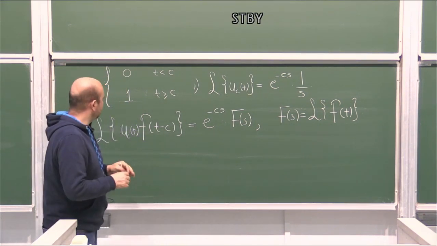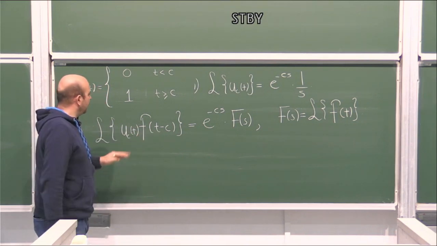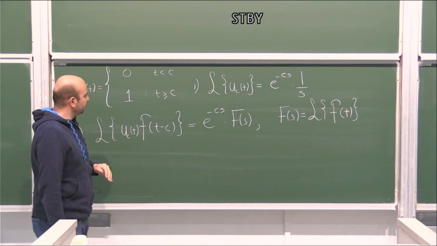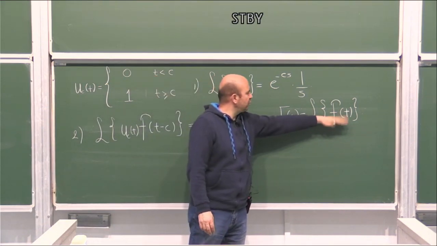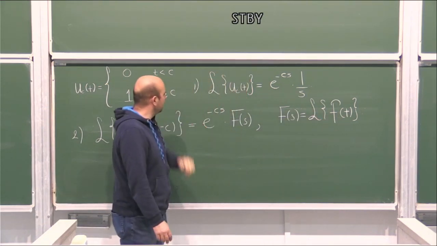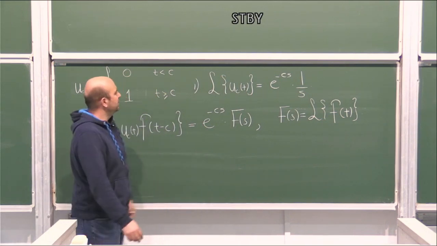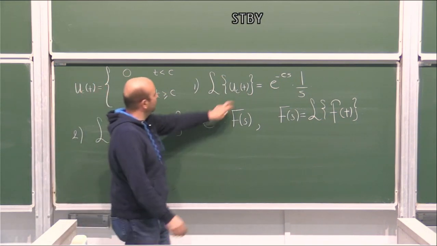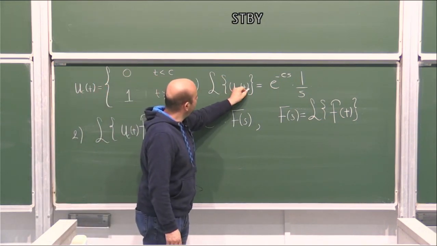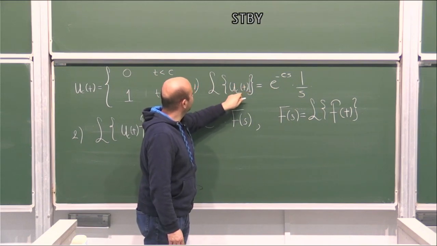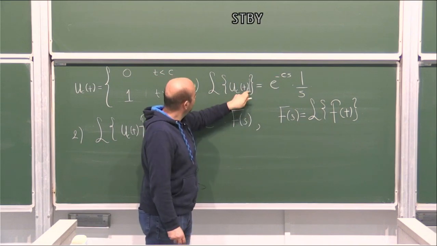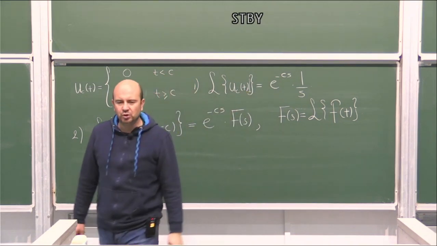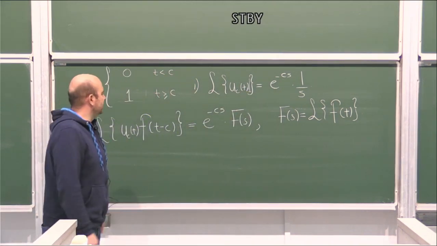If your signal starts late, then in the Laplace transform, you just take the Laplace of the original one, not the shifted one, and multiply it with e to the minus cs. That's the reason, for this one, you can formulate it as 1 times u_c(t), and u_c(t) will give you e to the minus cs. The Laplace of 1 is going to be 1 over s.